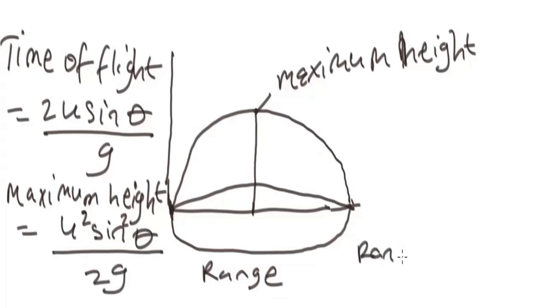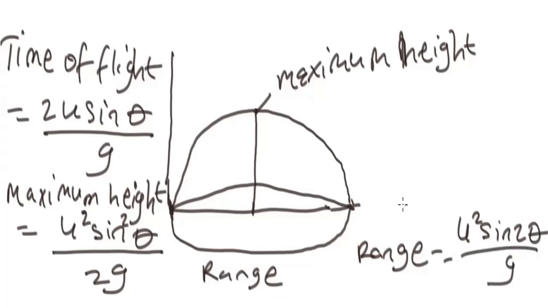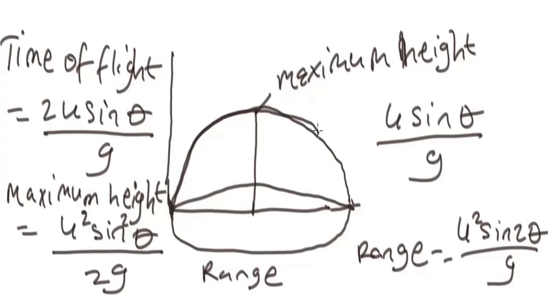Range is calculated using u square sine 2 theta over g. Now the time it takes the body to reach maximum height is calculated using u sine theta over g.